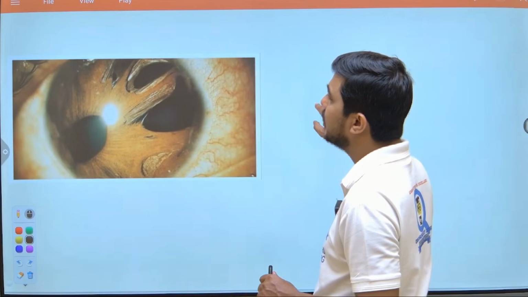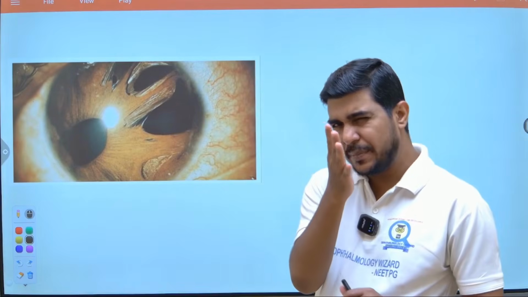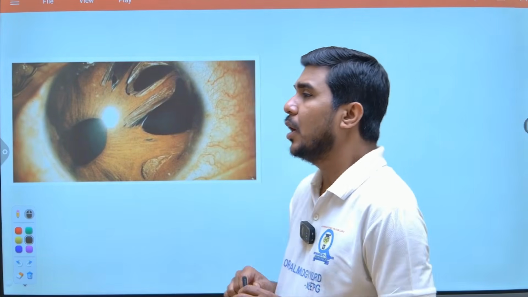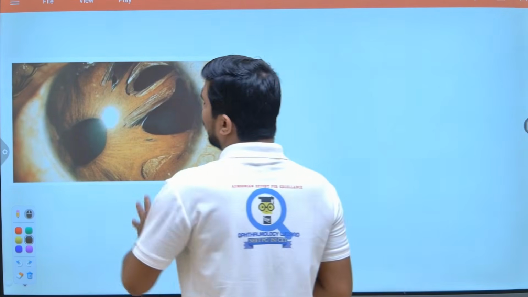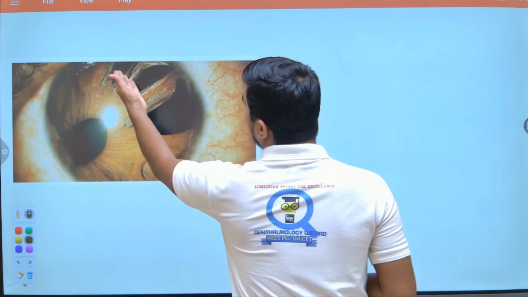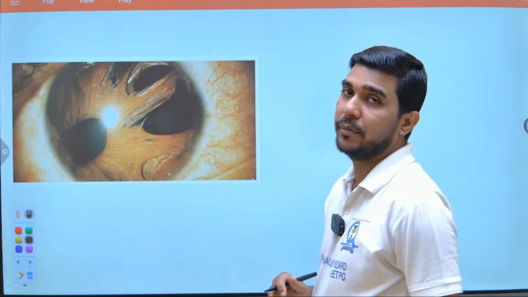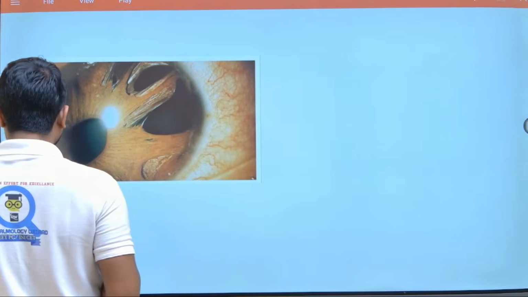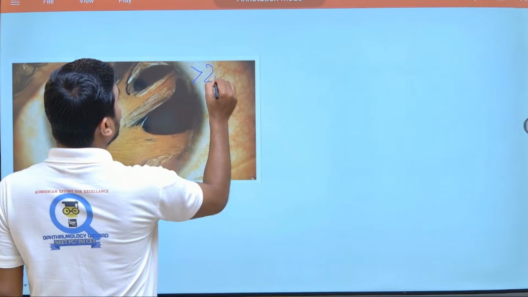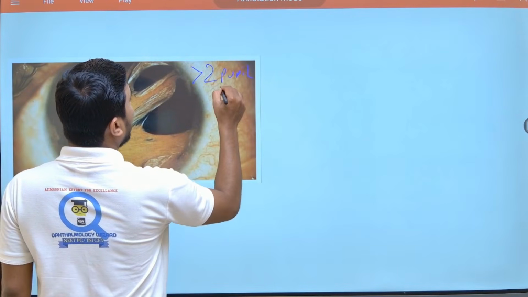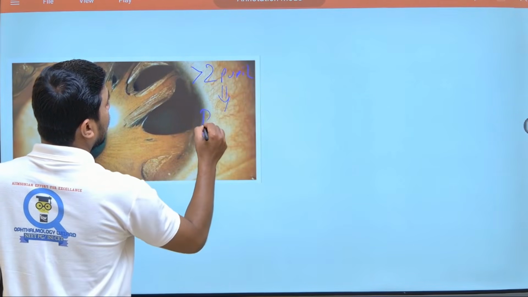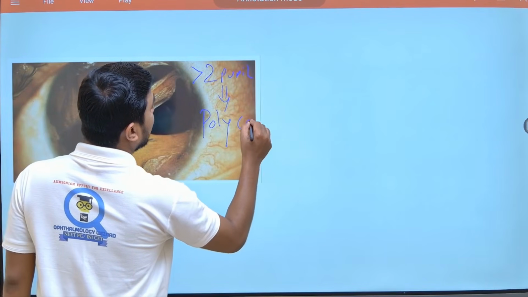Now coming to this image, what does this image actually tell you? In this image you have seen one pupil, two pupils, three pupils, four pupils. So obviously, if you have more than two pupils, then it is called polycoria.